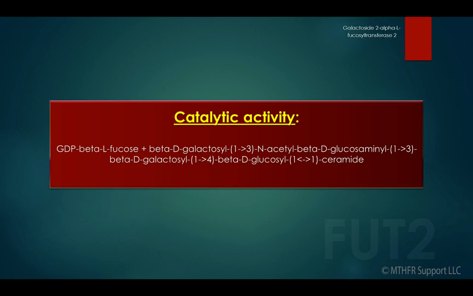The catalytic activity for FUT is GDP beta-L-fucose plus beta-D-galactosyl 1-3 N-acetyl beta-D-glucosaminyl 1-3 beta-D-galactosyl 1-4 beta-D-glucosyl 1-1 ceramide.